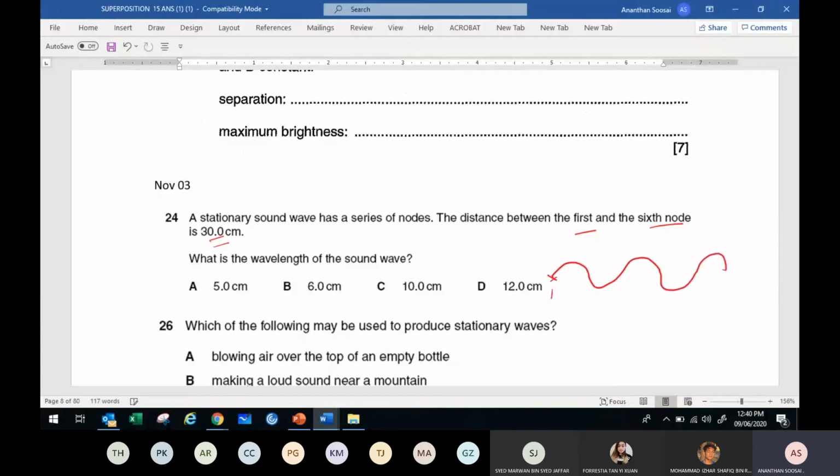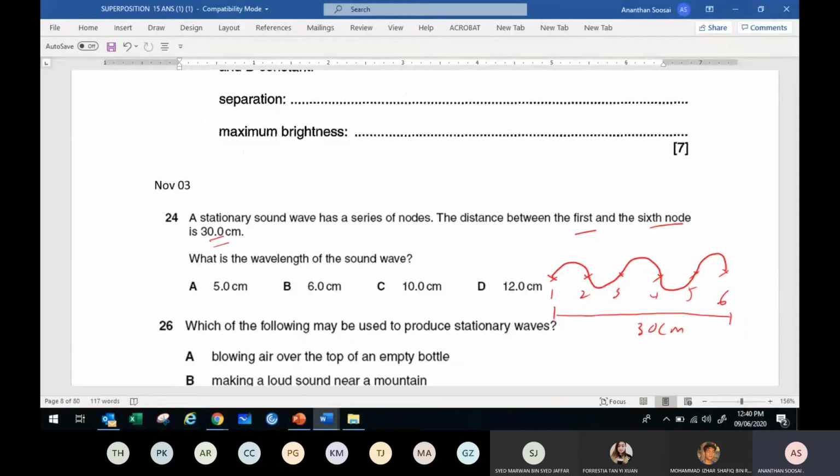This is the first node, the second node, the third, the fourth, the fifth, the sixth. So from first to sixth node is found to be 30 centimeter.